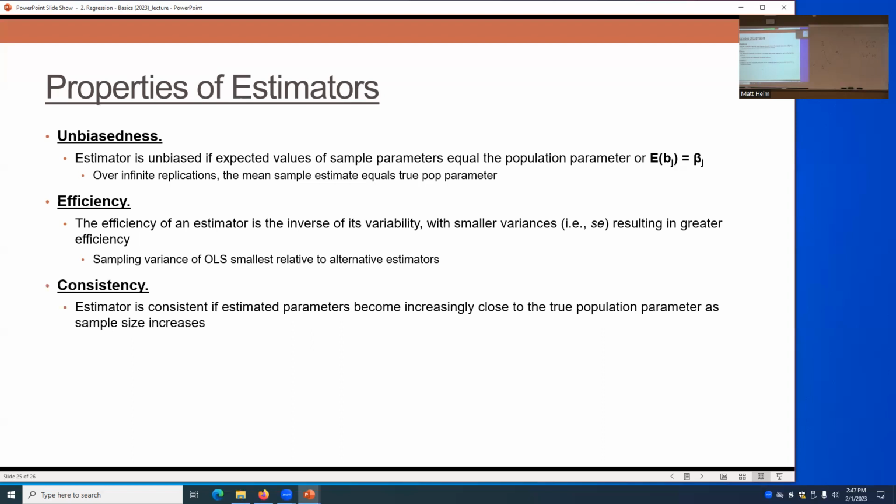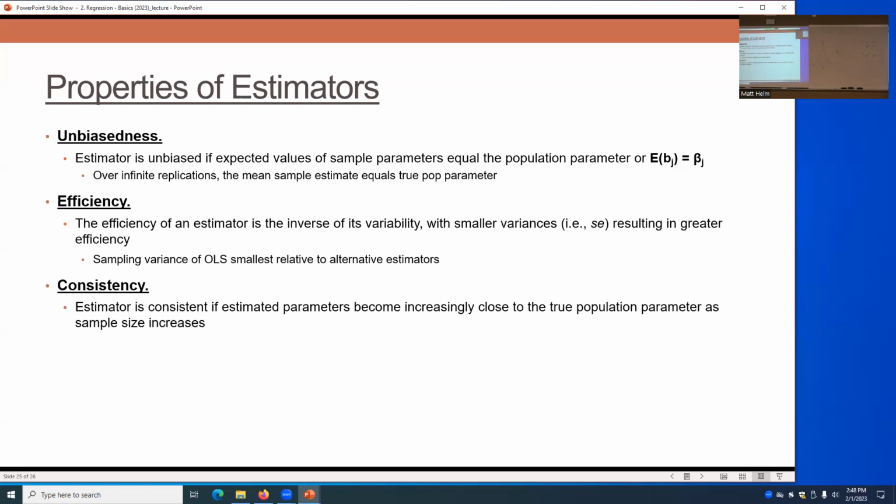And then we also have consistency. Consistency says that as our sample size increases, we become more confident that the value we're getting for our coefficient becomes increasingly close to the actual population parameter. If I have an estimator that's not consistent, it might be unbiased, right?